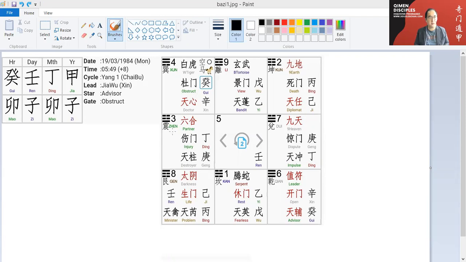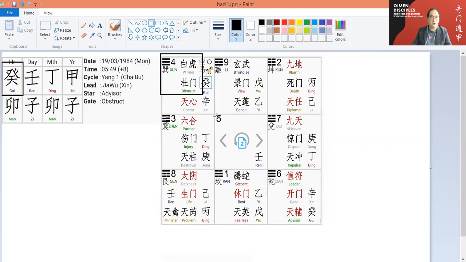In any divination that we are looking at using Qimen Dunjia, under normal situation we are supposed to look at the hour stamp, which is over here. At this point of time it is Kui. That means we have to look at box 4, which is the respective answer that we are supposed to look into.